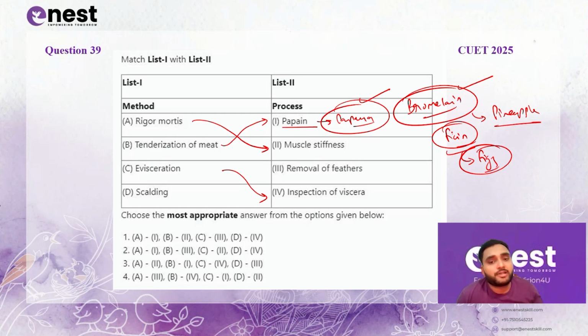When the animal is subjected to the slaughtering process, after that the inner organs such as intestine, large intestine, and bladder are removed. This process is referred to as evisceration. And then the fourth is scalding, which is removal of feathers. Hot water scalding will loosen the feathers in poultry processing. So if we see, A goes for 2, B goes for 1. So I think the third is the right option for this question as per the matching.